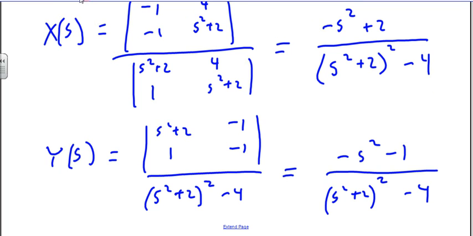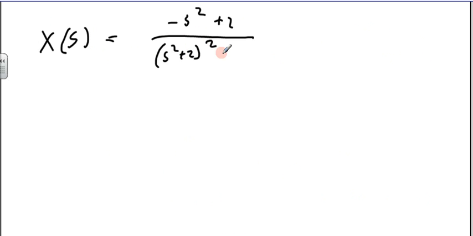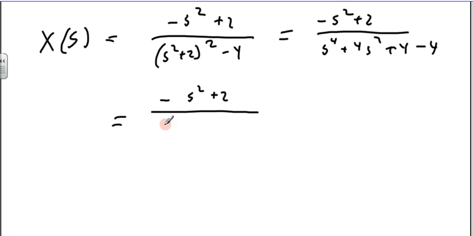Okay, so X of s is minus s squared plus 2 over s squared plus 2 squared minus 4, which is minus s squared plus 2. We're just going to do some algebra. s to the 4th plus 4s squared plus 4 minus 4, minus s squared plus 2, divided by s squared plus 4.